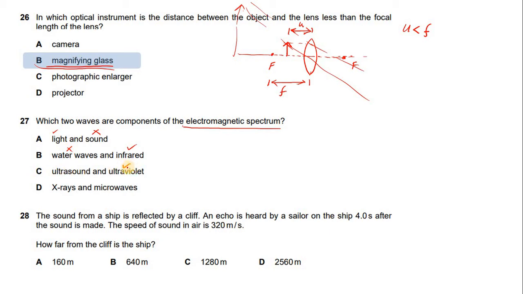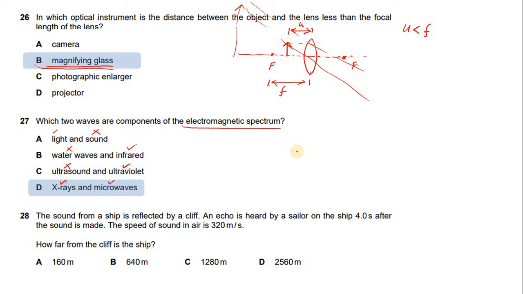Ultraviolet is a part of the electromagnetic spectrum but not ultrasound. Part D, X-ray and microwave: yes, both are components of the electromagnetic spectrum. So the option is D. In fact, it is a good idea to remember the electromagnetic spectrum.